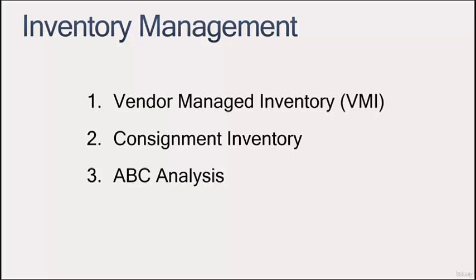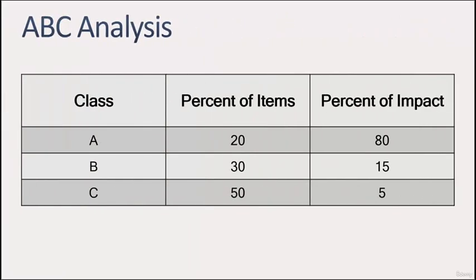ABC inventory classification is based on the concept of Pareto's law, which states that a small percentage of items will account for the largest impact. Also known as the 80-20 rule, it further clarifies that roughly 20% of the items will account for roughly 80% of the impact within the criteria. Here's the underlying principle. 20% of the items will account for 80% of the impact.